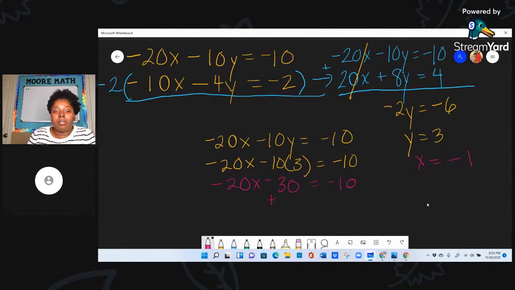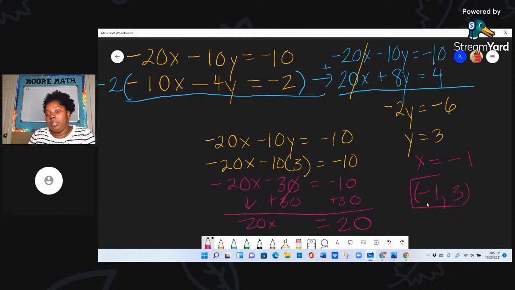Good. And what did you get? Negative 20. I mean 20. Good. So negative 20x equals 20. Excellent job with getting negative 1. And so this is your answer. Excellent.